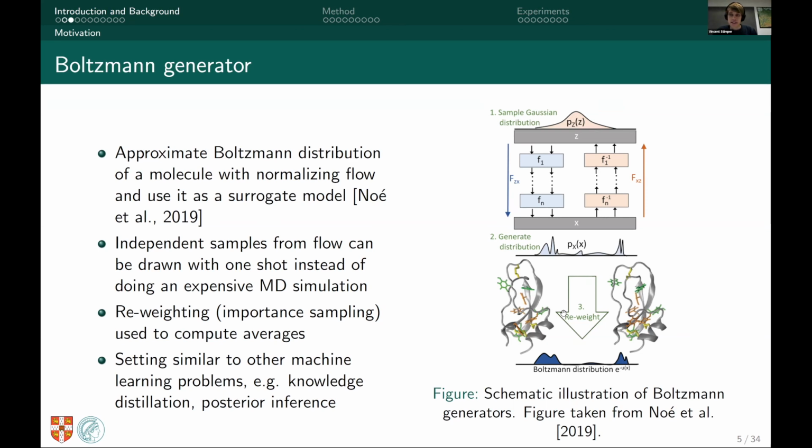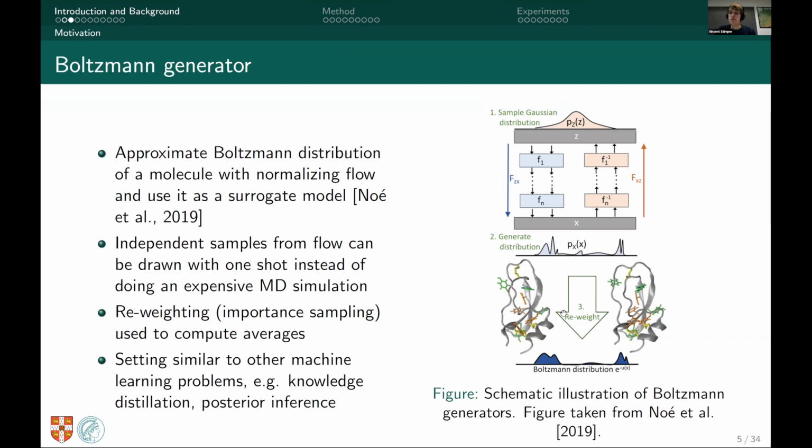Good, so let's continue. The setting is also very interesting for machine learning folks in general, even if you're not interested in molecules at all, because it's very similar to other machine learning problems, such as knowledge distillation. Maybe you have heard of WaveNet, which was a very expensive autoregressive model to generate audio.